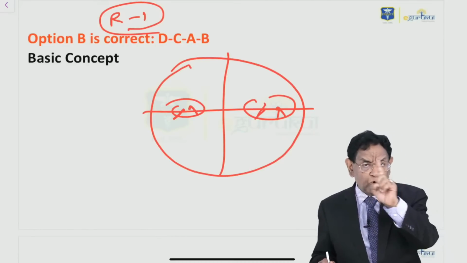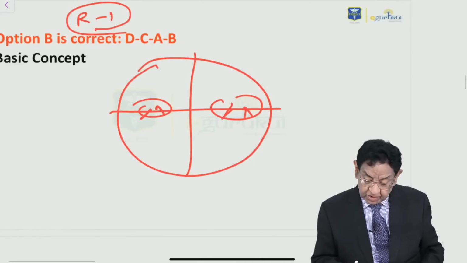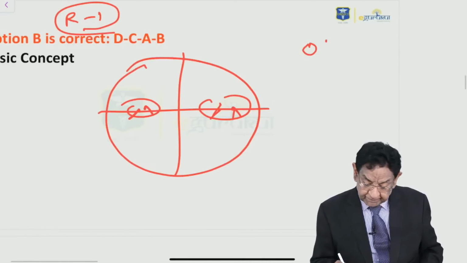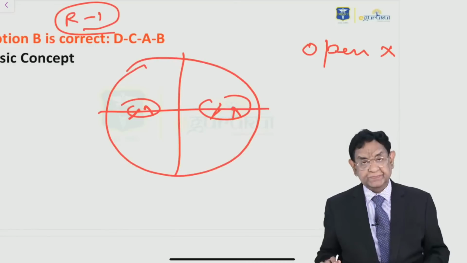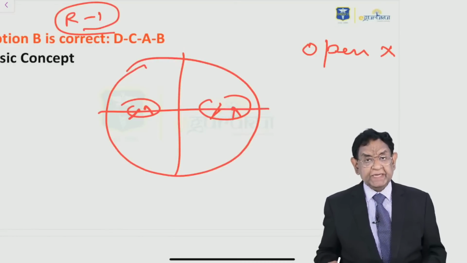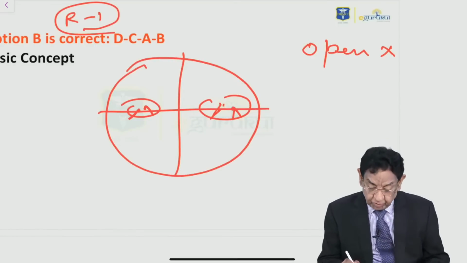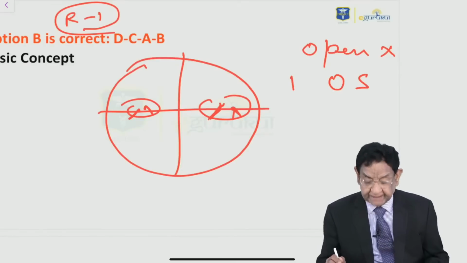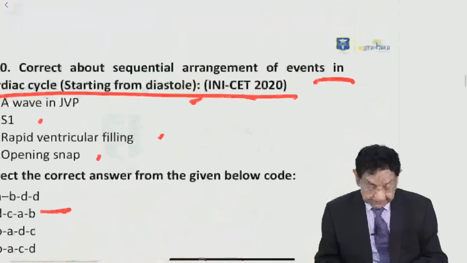Remember, normal opening of a valve produces no sound. But in severe mitral stenosis, when the valve opens, it can produce an opening snap.